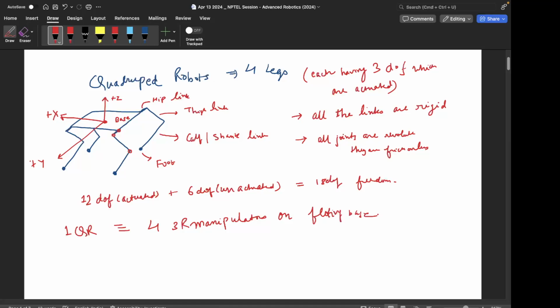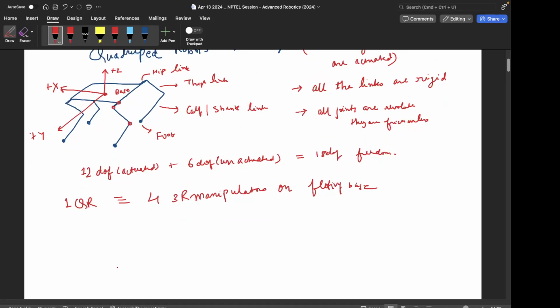Because the base can also move here. It's a mobile robot. So 4 3R manipulators mounted on a floating base, right?